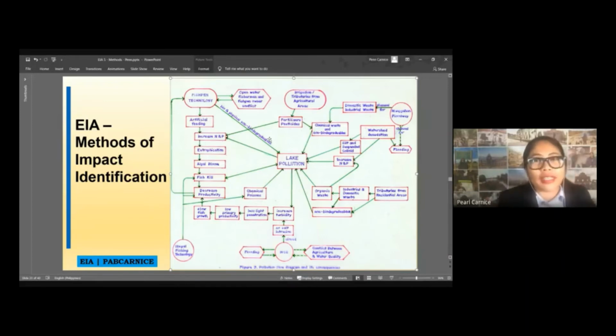There is no such thing as zero impact, because as we all know, when we produce something, when we create something, there is always a byproduct, and pollution is one of those. And pollution, as we all know, is a kind of impact to the environment that could risk human health and the health of the ecosystem itself.